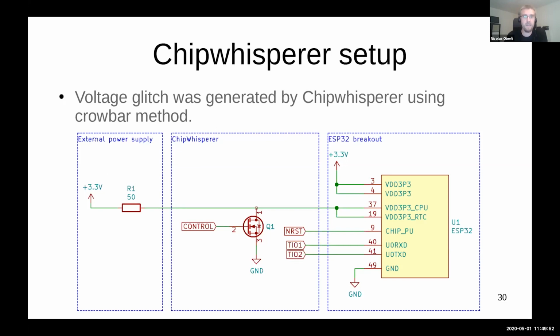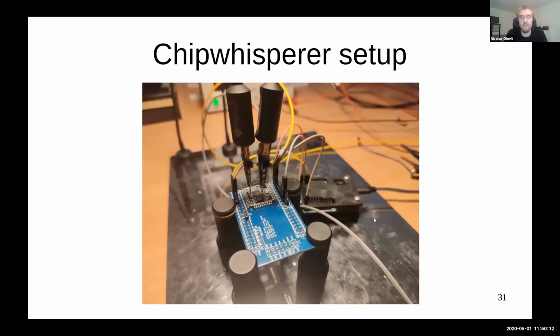Here we have our external power supply that is connected to our ChipWhisperer. The ChipWhisperer has this MOSFET inside, and its output is directly connected to both pins of the ESP32. And with that, we get our setup done.